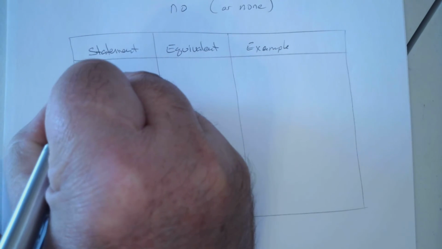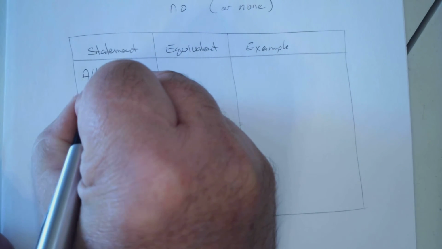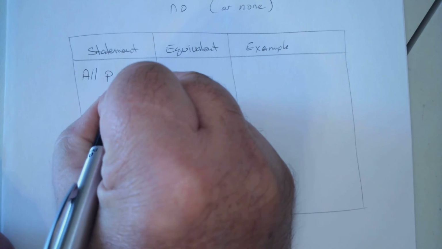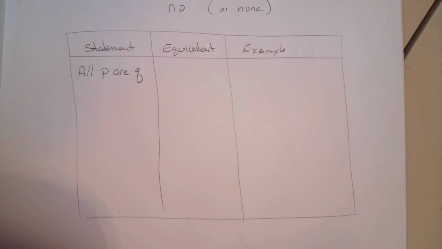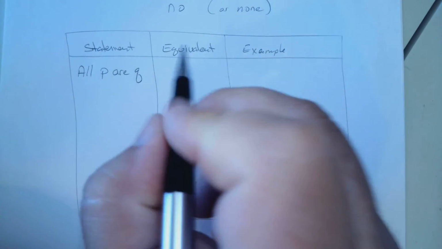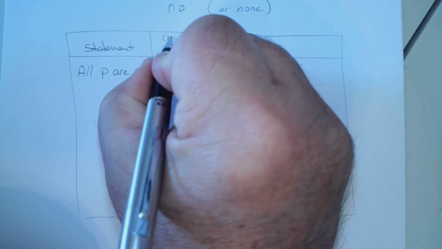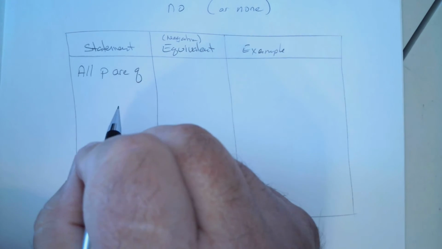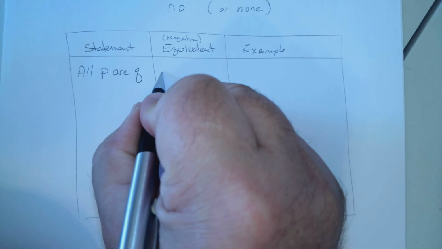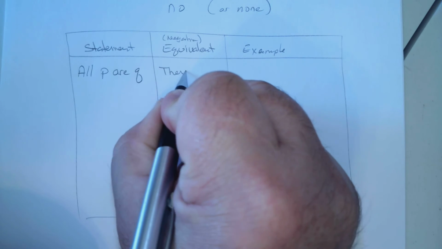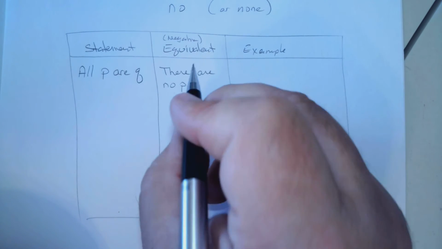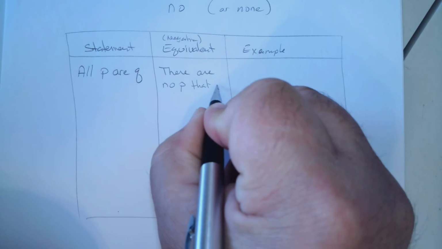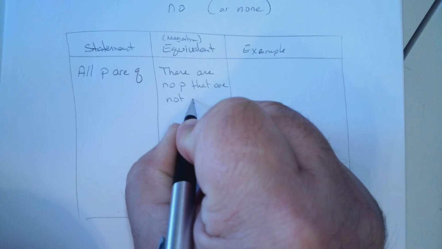So, all P are Q. Using an equivalent with the negation symbols, it's going to say there are no P that are not Q.